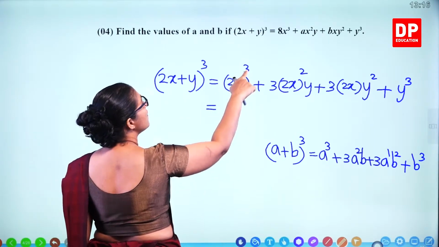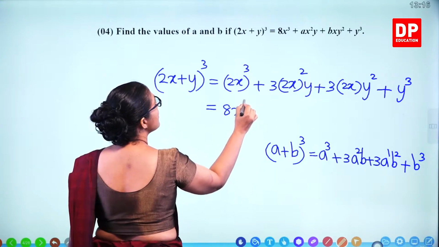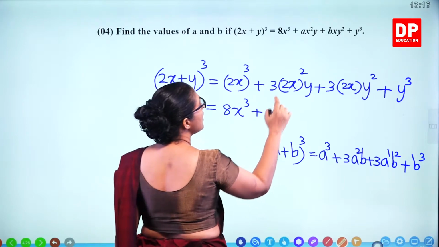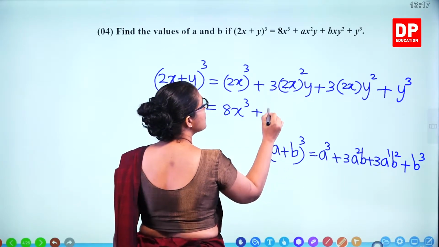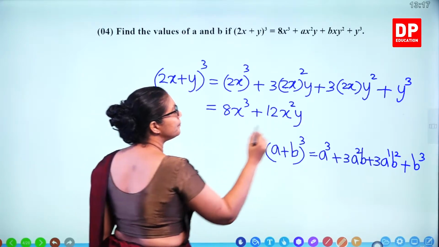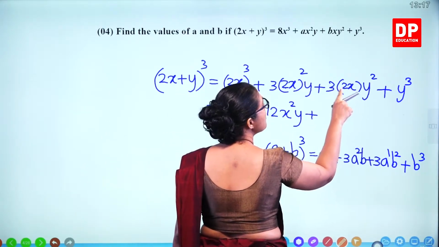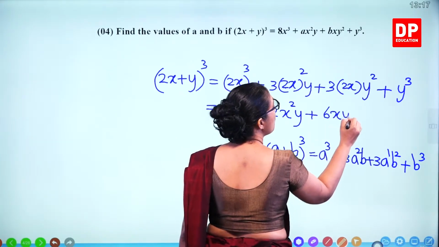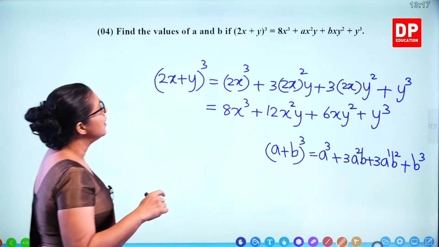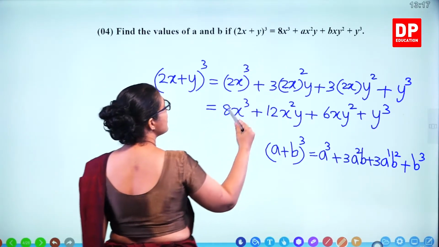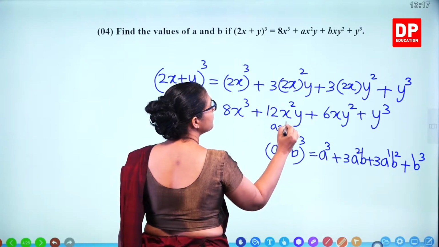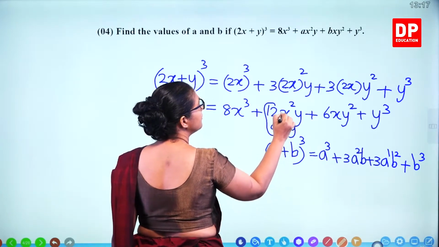When you take power 3, you get 8x cubed, 2 to the power 3. Here what do you get? 2 to the power 2, 4. 4 times 3, 12, x squared y. This one, 2 times 3, 6x y squared and y cubed. Now the given one is 8x cubed plus a x squared y. So what is a?